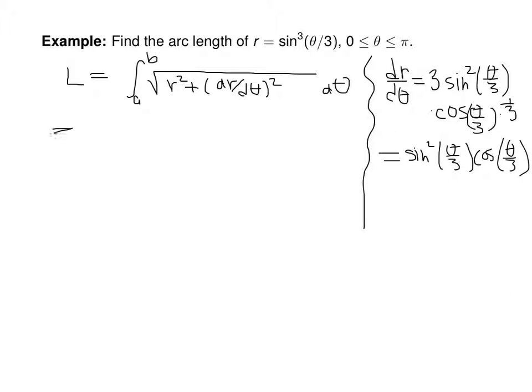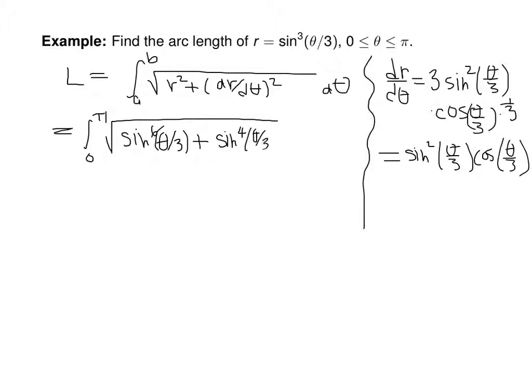Okay, so our length is given by an integral from 0 to pi. R squared will be actually sine to the 6th theta over 3 plus sine to the 4th theta over 3 times cosine squared theta over 3, d theta.